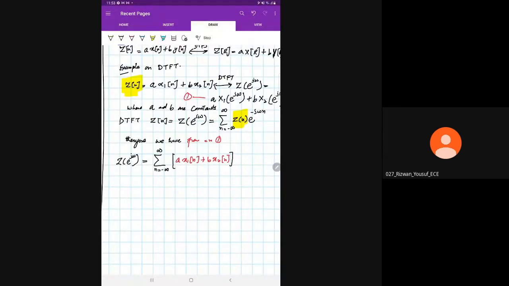So that will be z of n. Then we have e raised to the power minus j omega n. If we simplify it further, we can write it in this form.